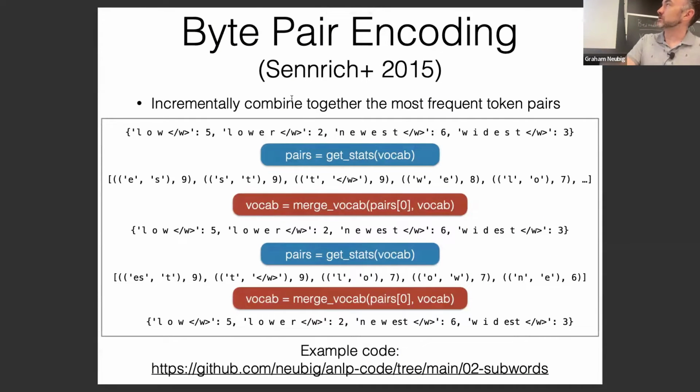For BPE, you do the merge vocabulary operations in order, merging together the existing vocabulary items. At inference time, you would first split it into characters, then merge together the first vocabulary item, which is ES. Then you would merge together the second vocabulary item, which is EST. So that's what you do for BPE.